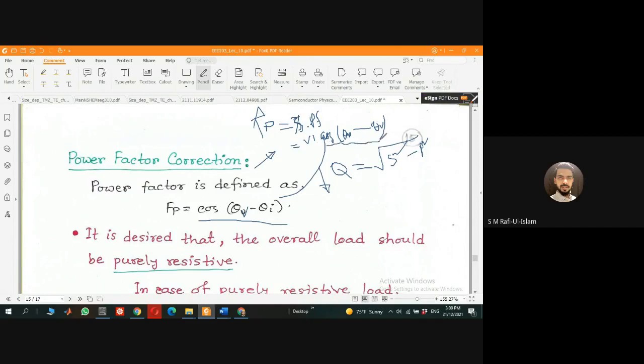If this value is approaching 1, because the maximum value for cos theta is 1. In that case, we'll get the maximum real power. If I get the maximum real power, we'll get minimum reactive power, or vice versa. If this value is small, then we'll get less real power. If I get less real power, then we'll get more reactive power. So it's a simple analogy.